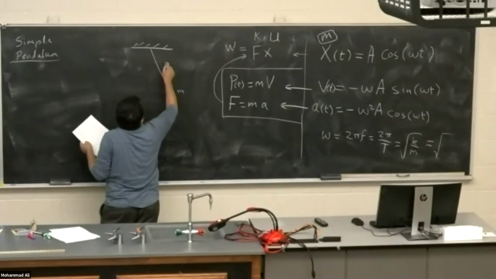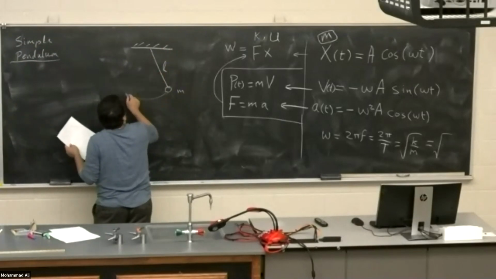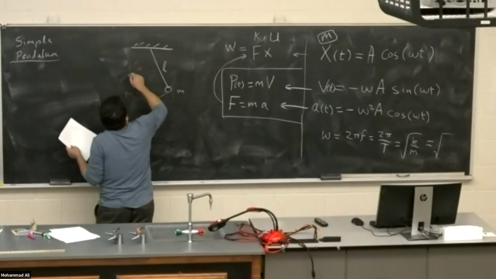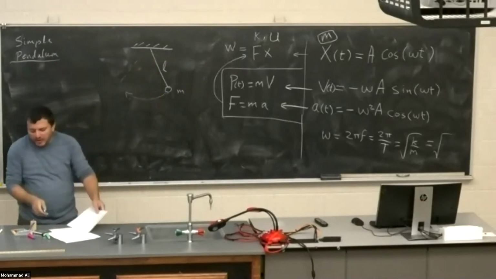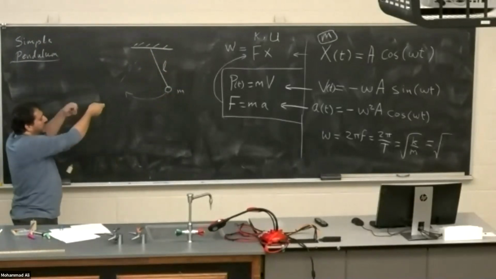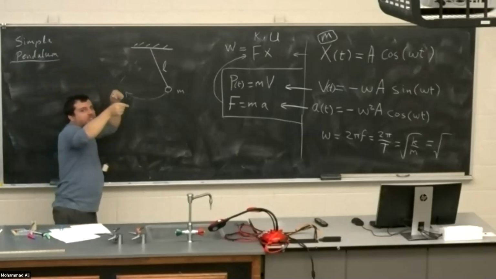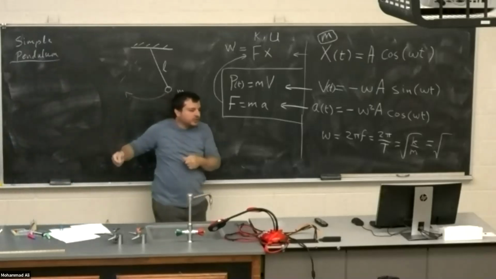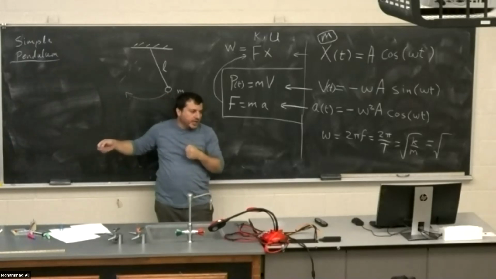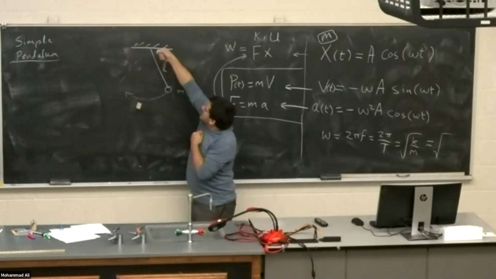The string has a length L, massless, without any mass. And this mass is just vibrating like this. My string now is black, you can't see it. We don't need to see it because it's massless in our system. Okay, and this is our pendulum, just like this.